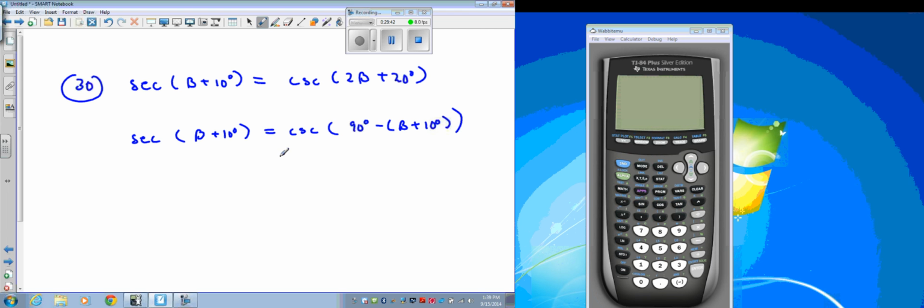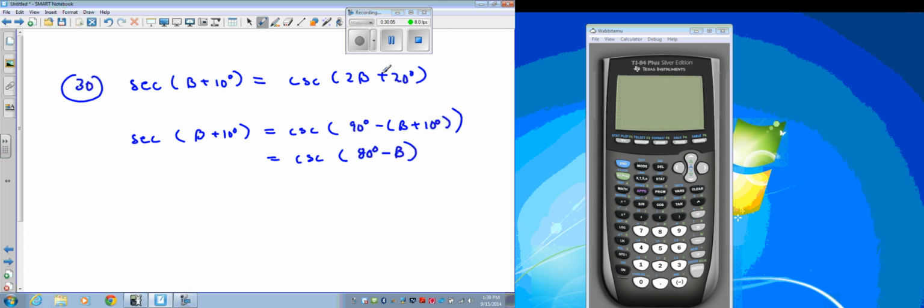And let's simplify that. This is going to be a negative, that's negative, so that's 80 degrees minus beta. But now what is true? 80 degrees minus beta has to equal 2 beta plus 20.